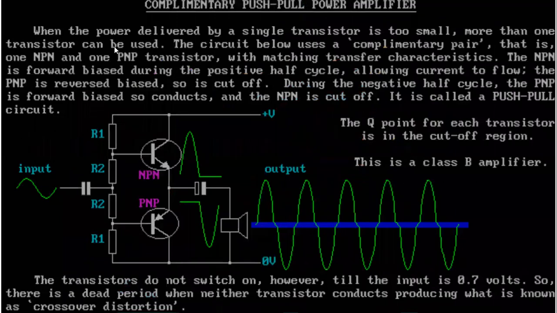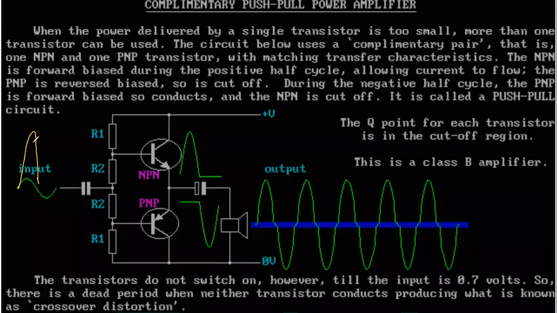Keep in mind that during the first half cycle, you are feeding this signal into this transistor. And the next half, you are feeding this signal to this one. We are using complementary pairs.